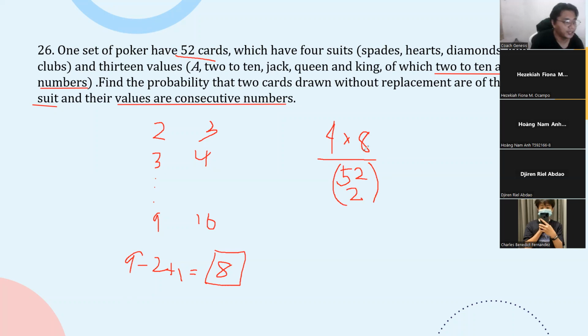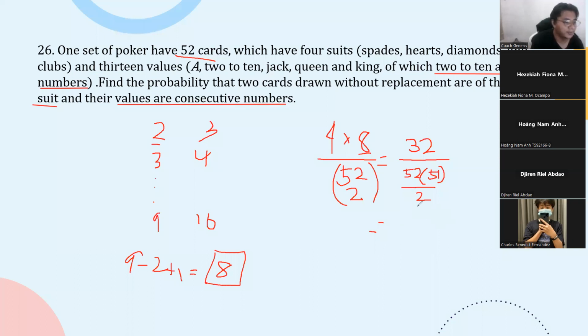We use combination here because order doesn't matter. So that is why we have 32 divided by 52 choose 2, which is just 52 times 51 over 2, which will then be simplified.